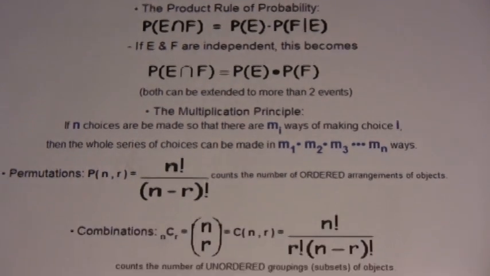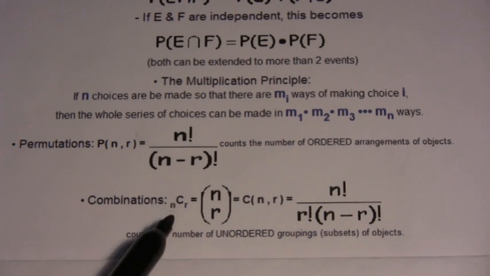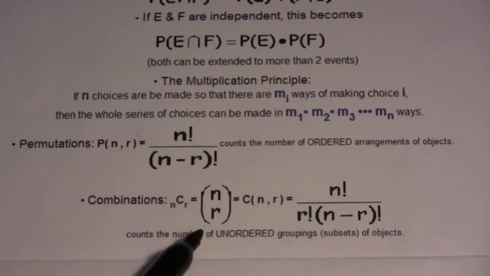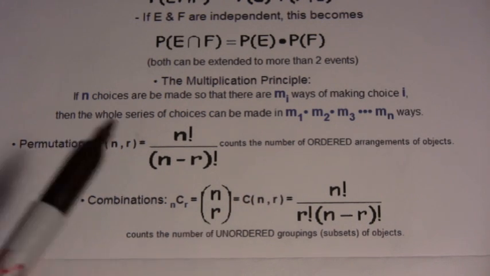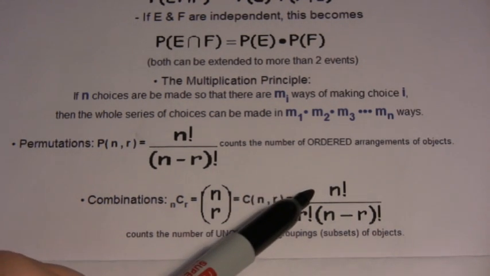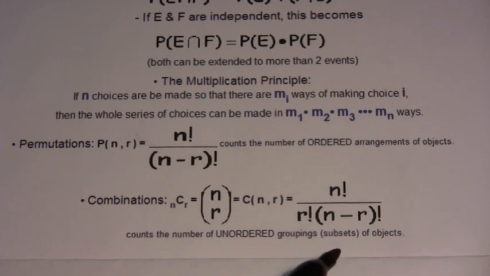And finally, combinations. The number of combinations of n things taken r at a time can be written in several different ways. It can be written with the capital C and the subscripts n and r. It can be written with this parenthesis notation, n on top, r on bottom, and it can be written just like the permutation notation, replacing the P by a C. However you write it, the number of combinations of n things taken r at a time is n factorial divided by r factorial times n minus r, factorial, where n minus r represents the difference between the top number and the bottom number.